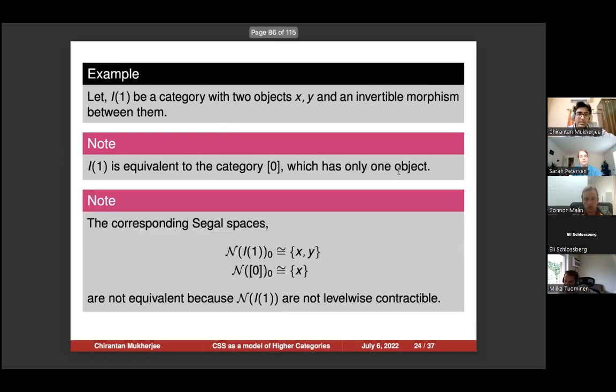Now, if we consider the Segal spaces of them, then the nerve of I1 at the 0th level consists of the objects in I1, which are two objects, X and Y, while the nerve of the ordinal number 0 at the 0th level consists of only one object. So although I1 and 0 are equivalent to each other, their Segal spaces are not. The reason is that the nerve of I1 is not level-wise contractible as the nerve of the ordinal number 0 is.